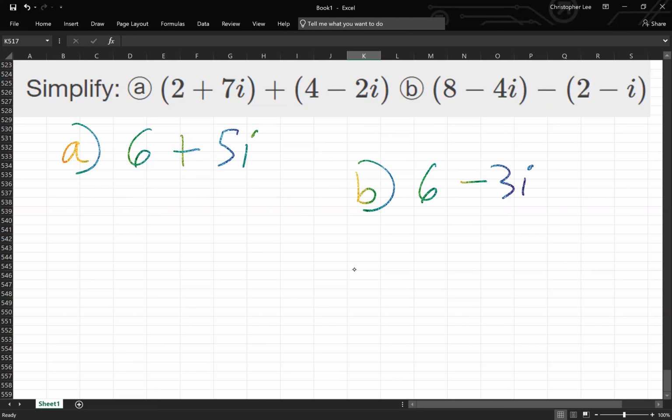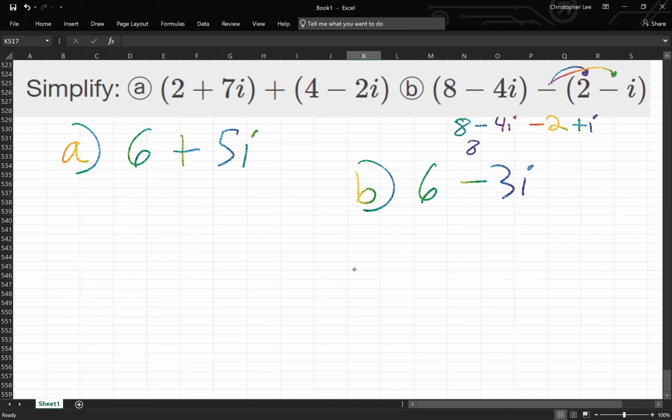So the minus, right? Remember, you're gonna distribute this first, right? So this becomes 8 minus 4i minus 2 plus i, and then -4i plus. You can, if you want to. You could put the reals with the reals and imaginary with the imaginary.